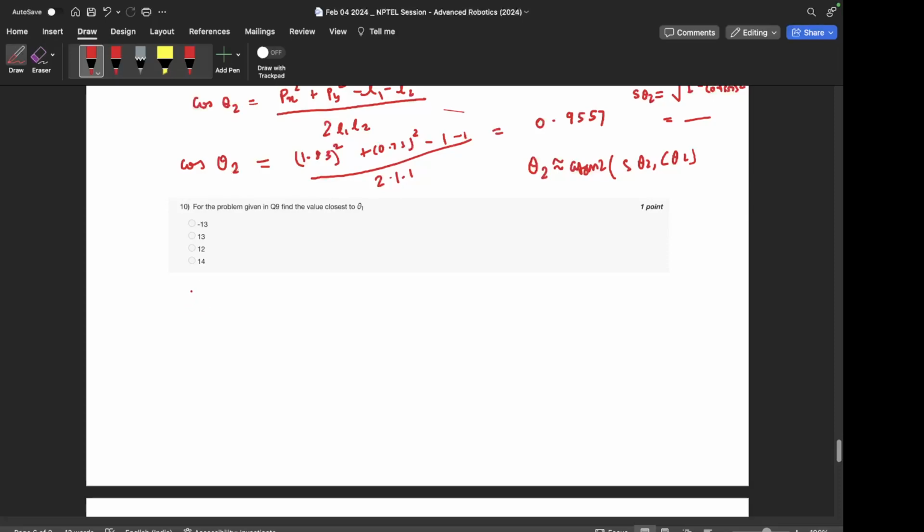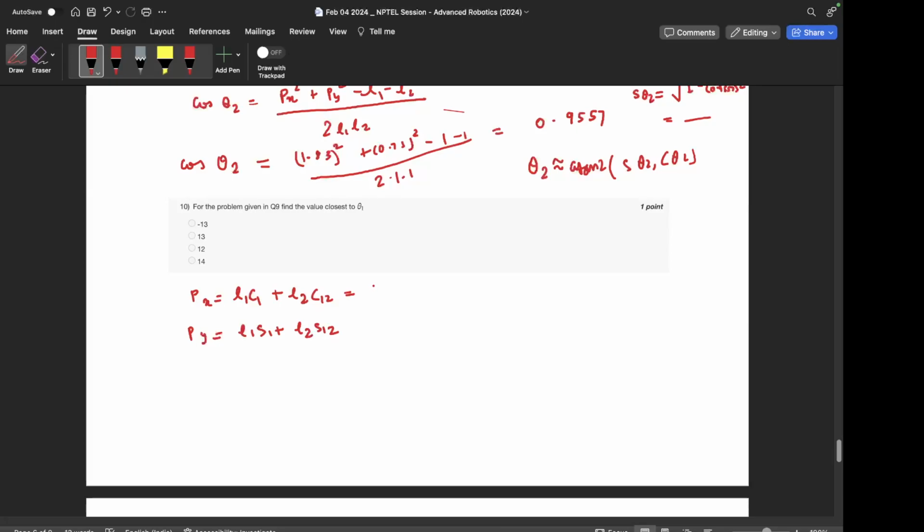The expressions that we have are px is equal to L1 C1 plus L2 C12, and py is L1 S1 plus L2 S12, right?